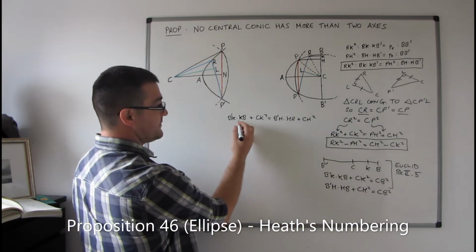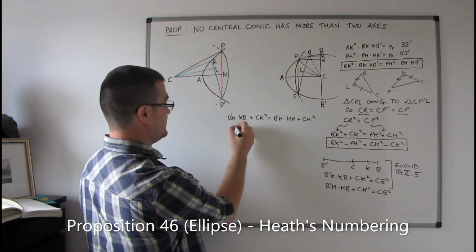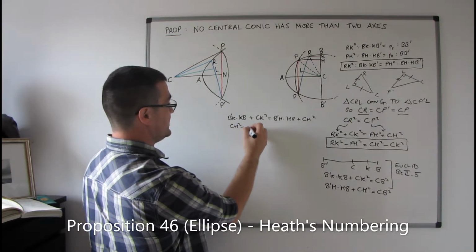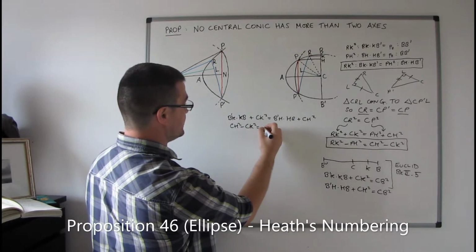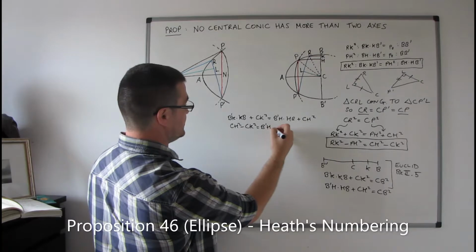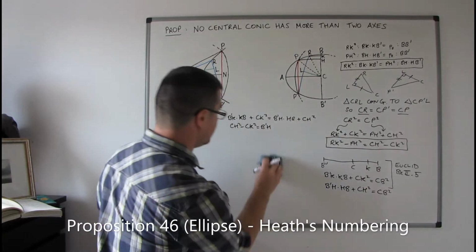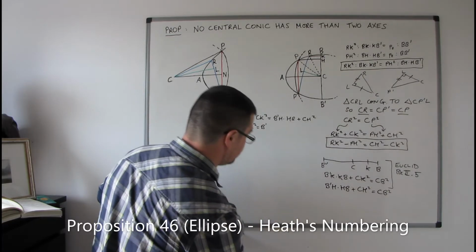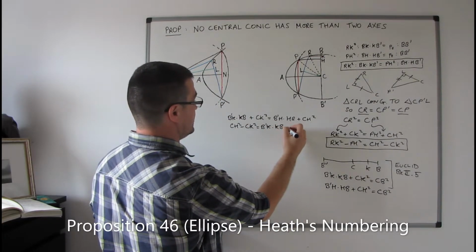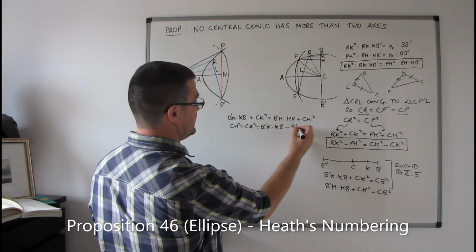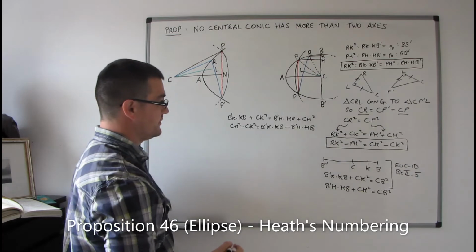So therefore, I get that CH squared minus CK squared is equal to B primed H times HB minus... B primed K times KB minus B primed H times HB.